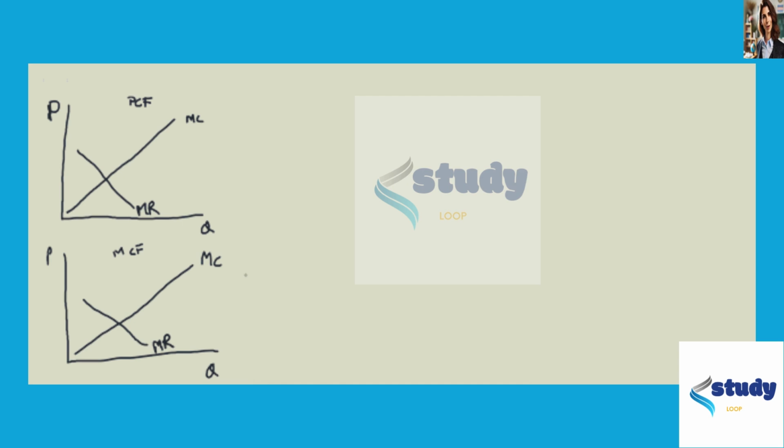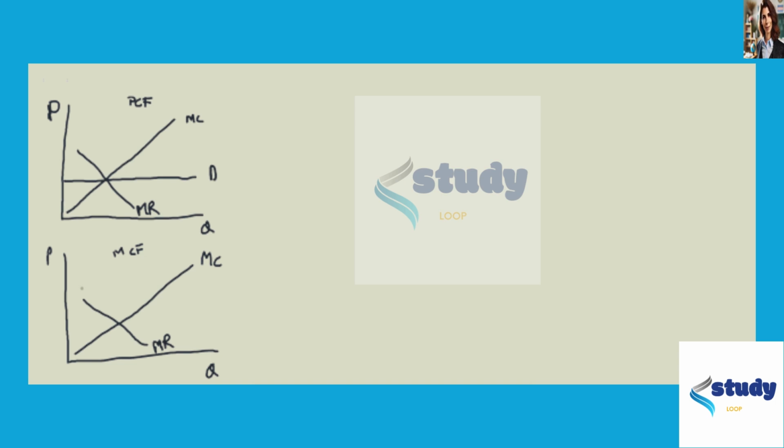Okay. Now, we know that a perfectly competitive firm operates in an environment where it's a price taker, or the demand curve is absolutely horizontal. It's demand curve D. On the other hand, for a monopolistically competitive firm, the demand curve is slightly downward sloping, or generally downward sloping.